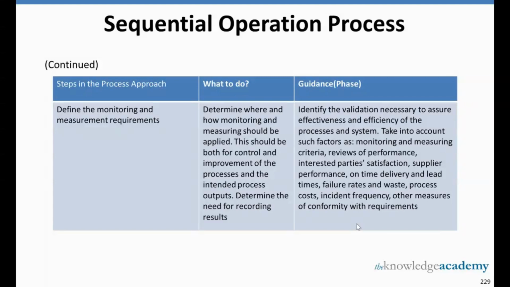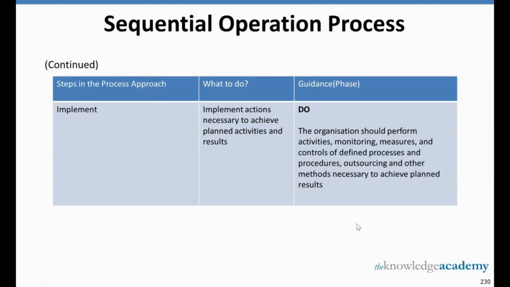Take into account such factors as monitoring and measuring criteria, reviews of performance, interested party satisfaction, supply performance, on-time delivery and lead times, failure rates and wastes, process costs, incident frequency, and other measurements of conformity with requirements.